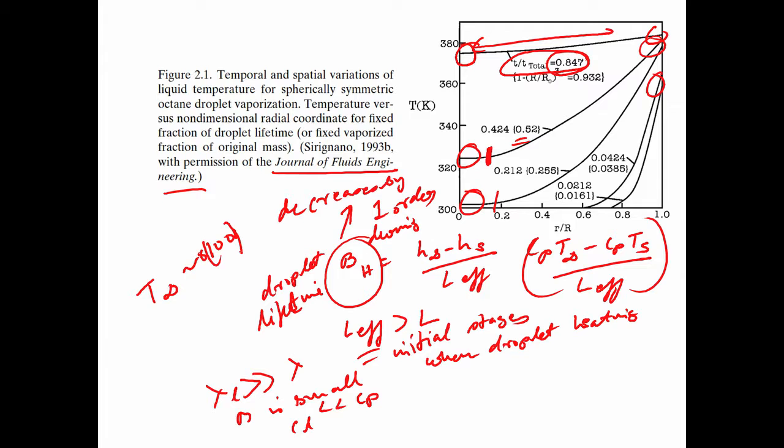this actually leads to the surface temperature Ts being the same as the volumetric average temperature of the liquid. That is always equal to the volumetric temperature of the liquid.